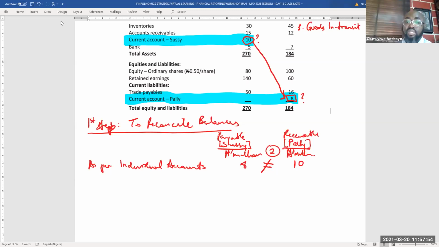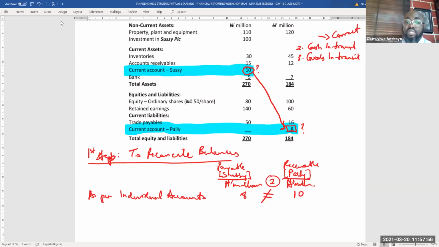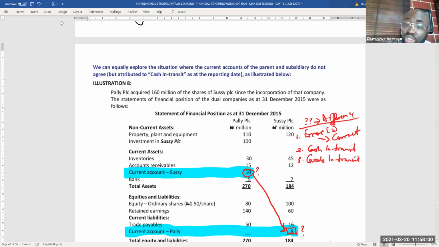Now, in this question, they've done the analysis, they found that it's not error and it's not goods in transit, but they found out that it is what? Cash in transit. Therefore, what do we do if that is the case? This 2 has been attributed to cash in transit.